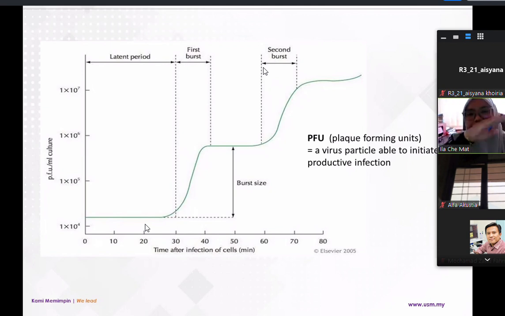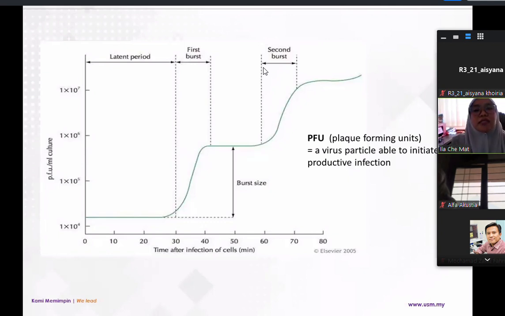During this latent period, there will be virus attachment, virus entry, and also the synthesis. And then once the virus is ready, finished with the assembly, they will release the virus. That's why you see the peak, the increase, which is what we call the first burst. First burst means that the virus is released from the infected cell.